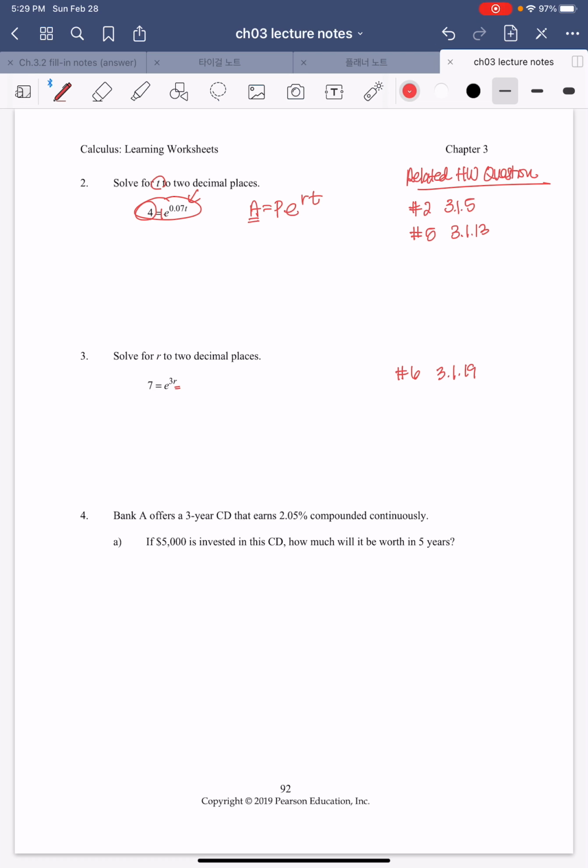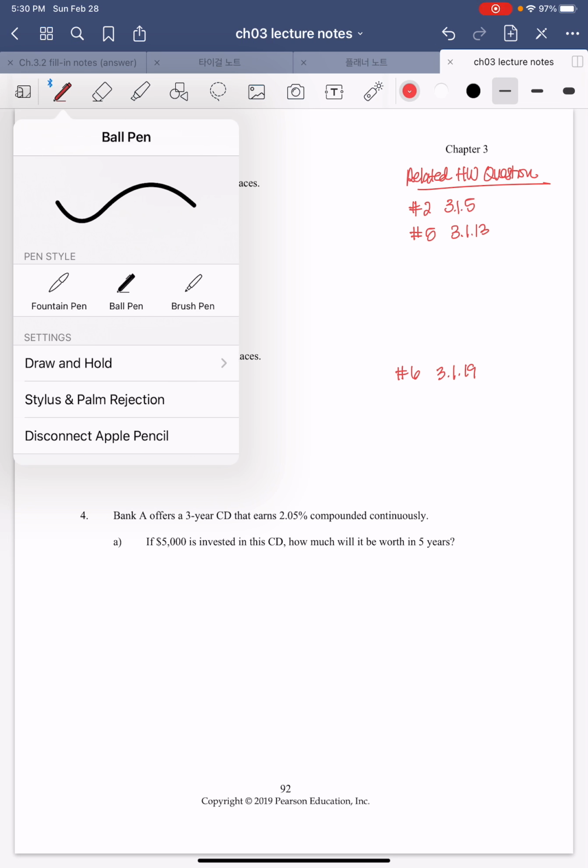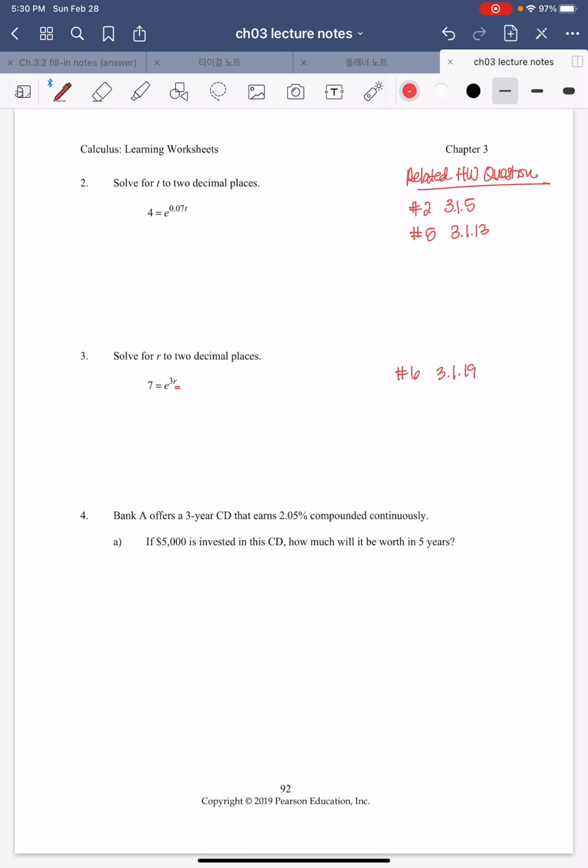Okay, so let's solve. Now, here, one thing that I want you to recall: T is on the exponent. It's not a multiplication. So we have to somehow bring this power down. And that, recall from algebra, you apply the ln function to both sides.